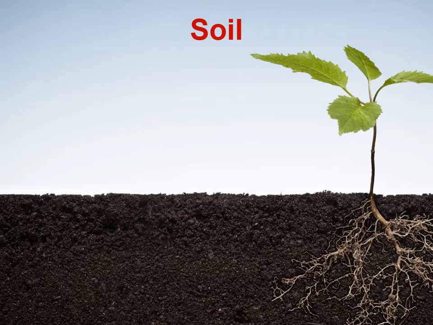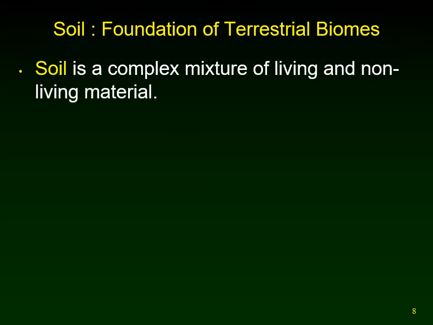Just a quick introduction to soil. You can take entire courses in soil and learn about all the different types of soils and the different layers in the soil. So this is just a very simple overview. Soil is a mixture of minerals, the non-living materials: the sand, the silt, the clay, the gravel, the stones.